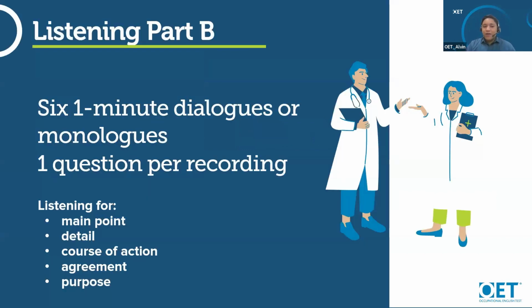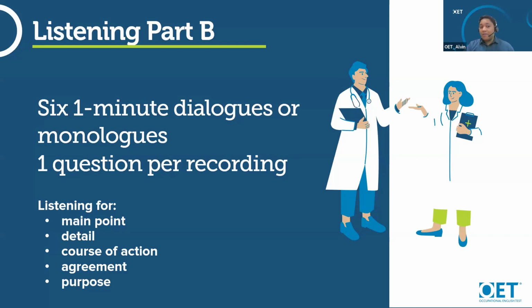So let's keep moving. In listening part B, you will answer 6 one-minute dialogues or monologues. And there will be one question per recording. The subskills that are being focused here are, first, listening for one main point, like the main idea, the gist. Second, listening for detail, meaning you need to listen for specific information. Third, listening for course of action, meaning what are you going to do next as a healthcare professional?